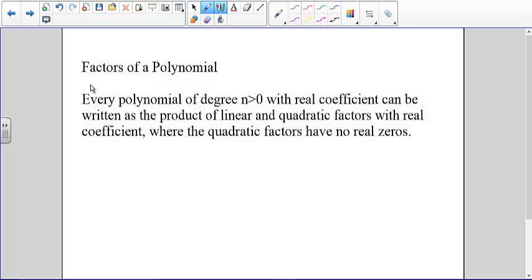The linear ones are going to be real. The quadratic factors, if you can factor those into reals, then you've got all real results. But sometimes a quadratic factor cannot give you a real result. You might have a complex one. Okay.